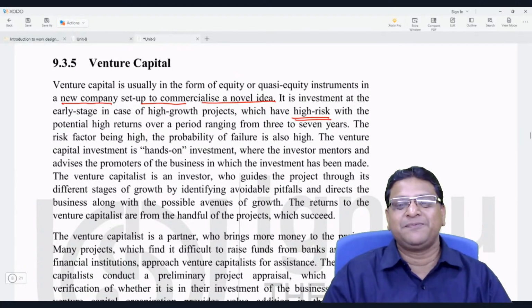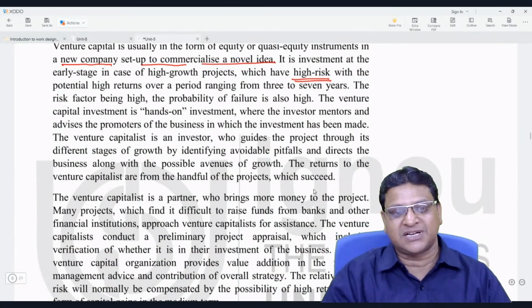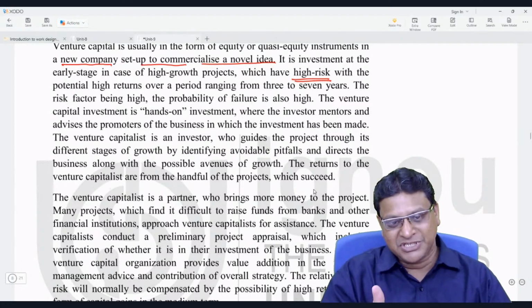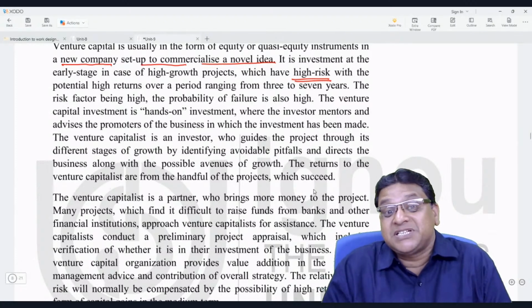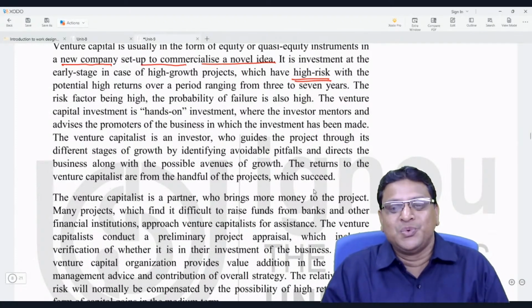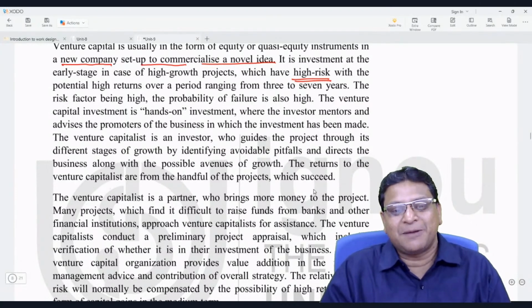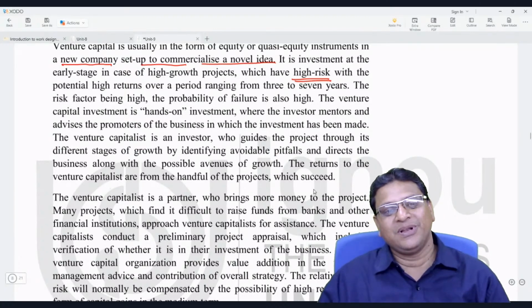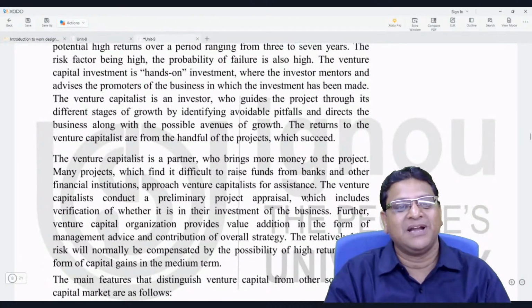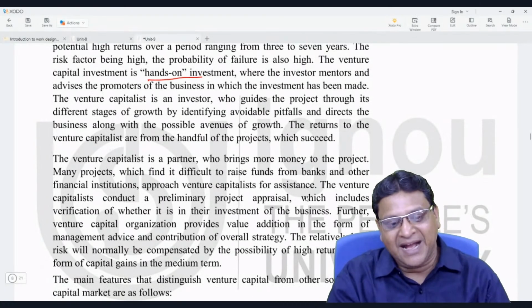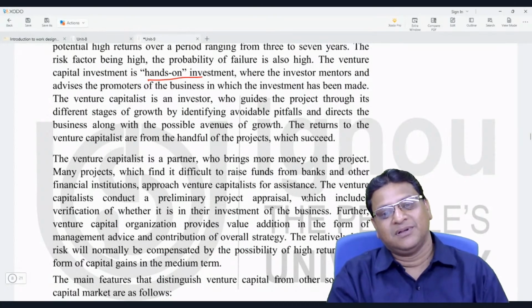They know that if they invest in 10 projects, 9 will fail, but the one which will be successful, the profit generated in that project will be sufficient to cover the loss which the venture capitalist has made in the other 9 projects. Hence, venture capital investment is a hands-on investment in a high risk project.